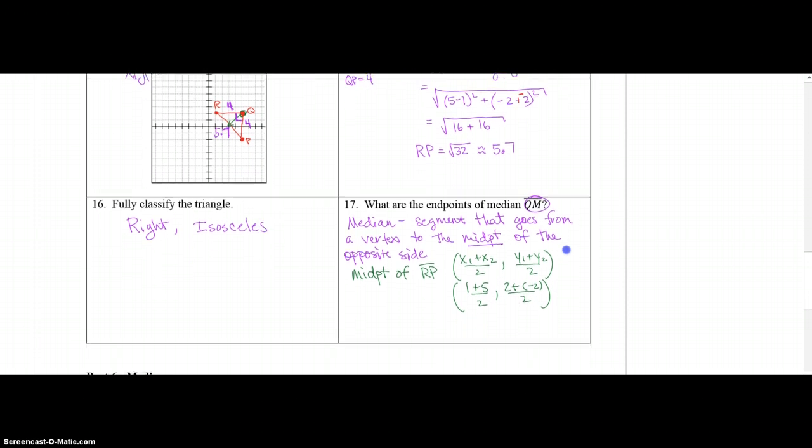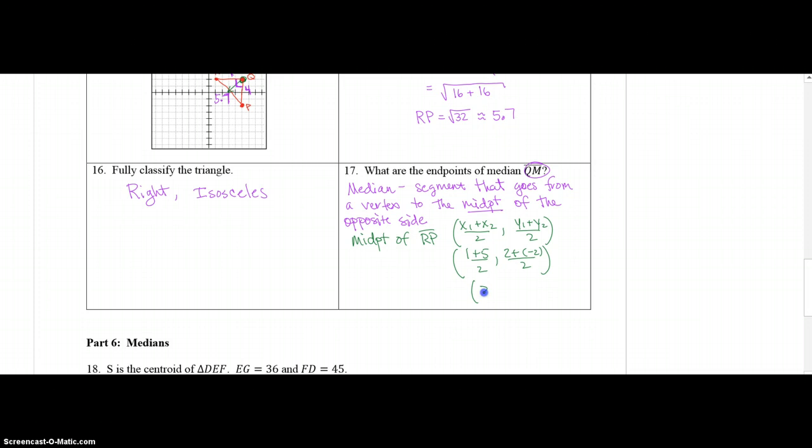Well, 1 plus 5 is 6, divided by 2 is 3, and 2 plus negative 2 is 0, 0 divided by anything is 0. So the midpoint, which we are calling M because they said QM, is at 3, 0. So if you plotted that, you would see that it's right here, and this is the median of the triangle.